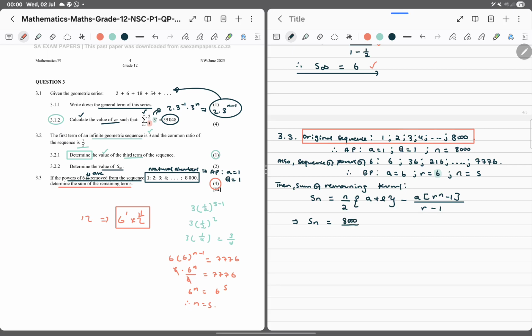So this implies that Sn is, how many terms are here? 8,000 divided by 2 into 1 plus 8,000, minus, this is going to be 6 into 6 to the 5, we saw that, all divided by 6 minus 1. Therefore Sn is the answer.